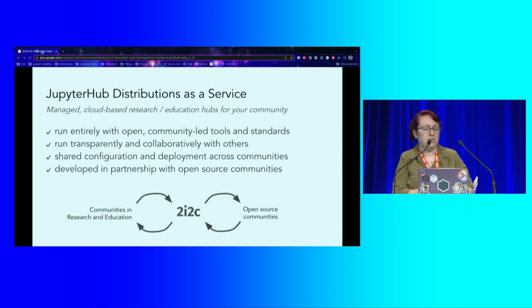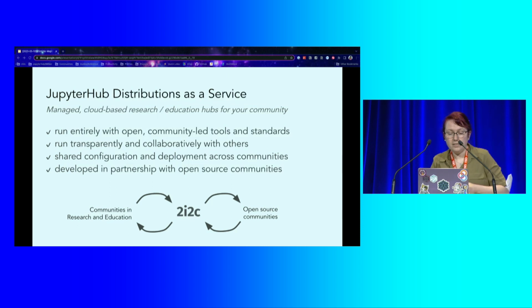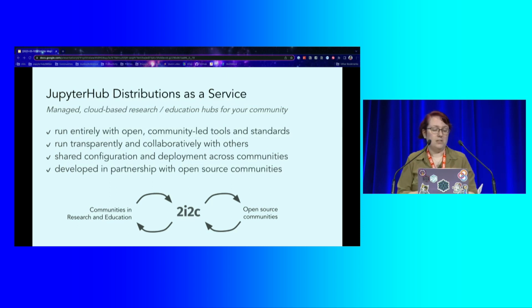So our main product is a JupyterHub distribution as a service, where we manage cloud-based JupyterHubs for research and education purposes. We run them with entirely open and community-led tools and standards to the point at which you can. At some point, you've got to rely on someone else's server, but for what we can control, we go with open source.